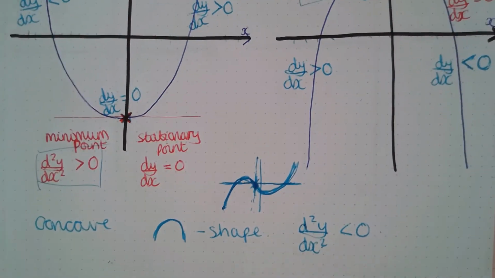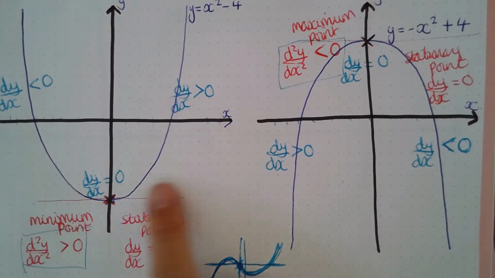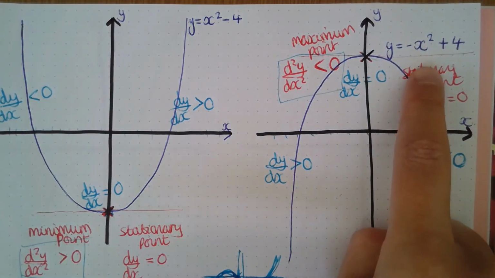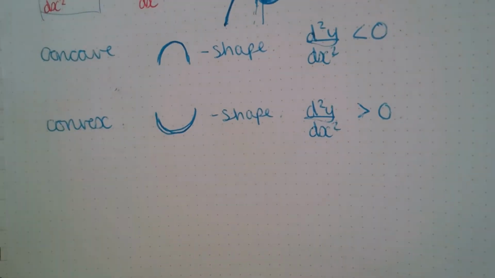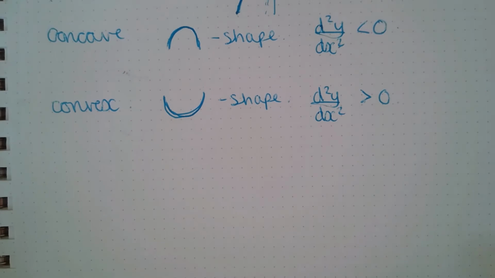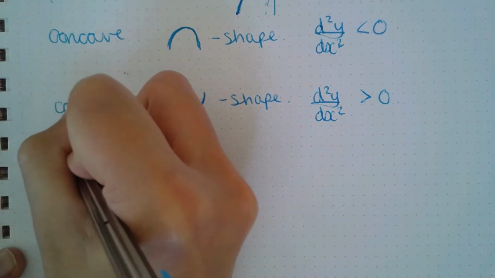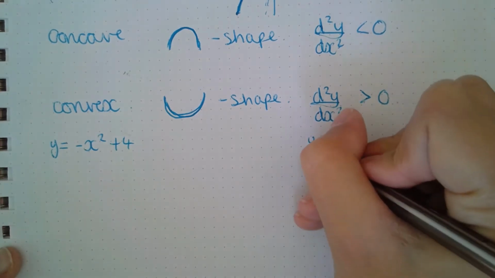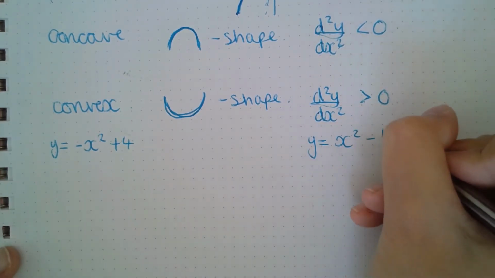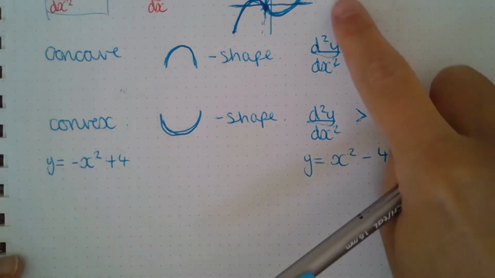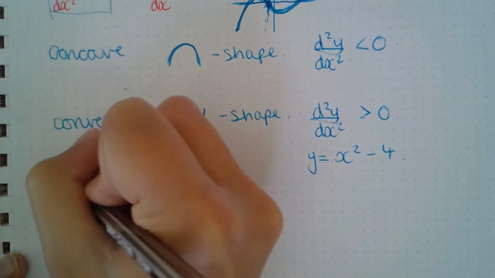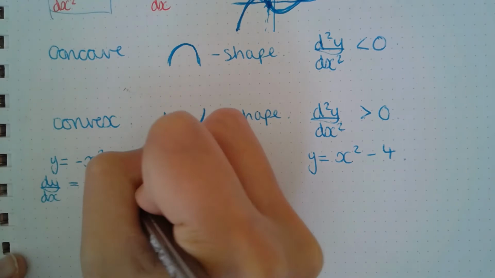I'm going to show you what I mean about concave and convex with these two equations: y equals x squared take 4 and y equals negative x squared plus 4. I'll keep the notes on the page. For y equals negative x squared plus 4, I find my second differential. My first differential is negative 2x.